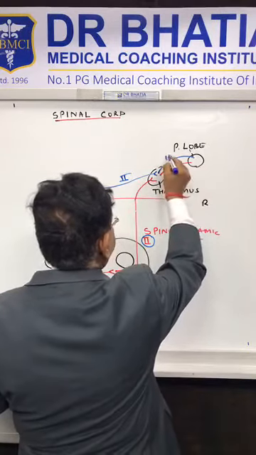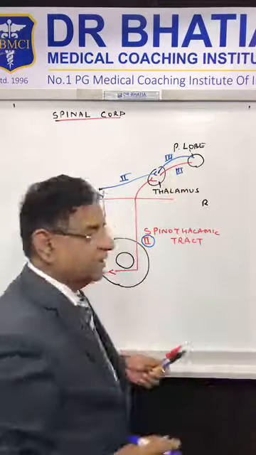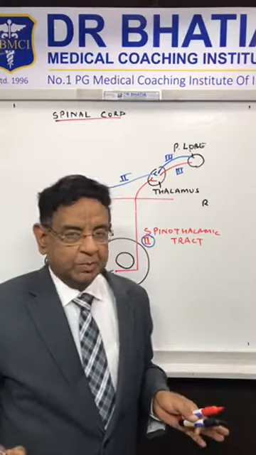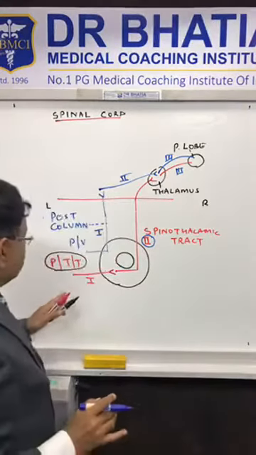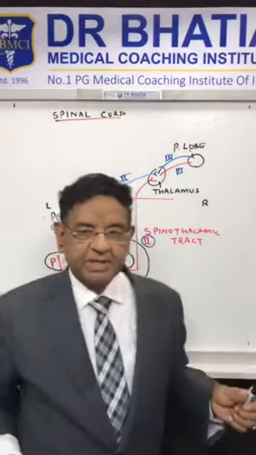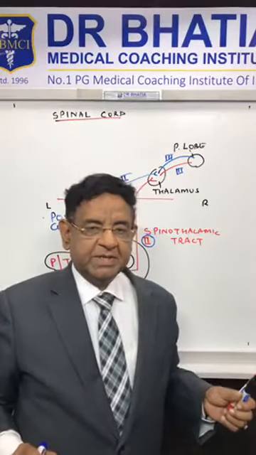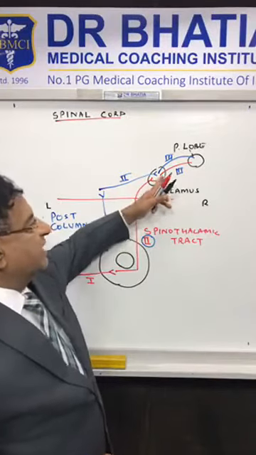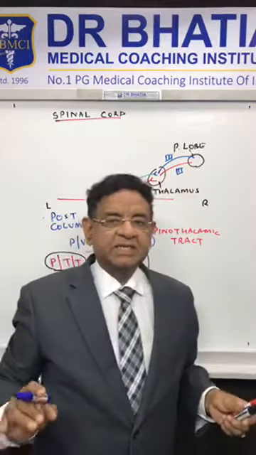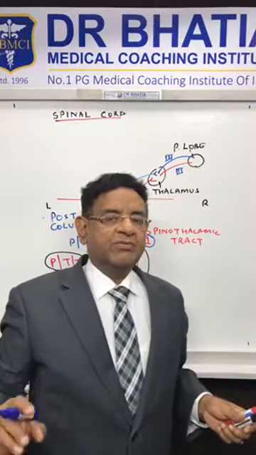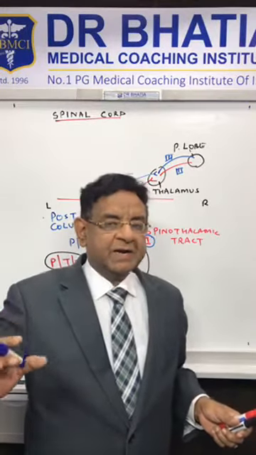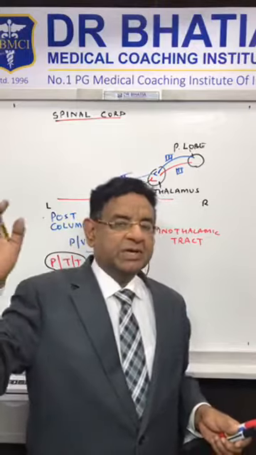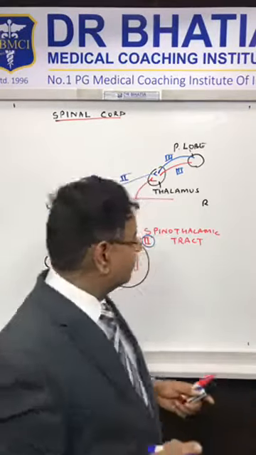This is also a third order neuron which has gone to the contralateral parietal lobe. So ultimately all sensations, pain, touch, temperature, position, vibration, relay in the thalamus, and the final destination is the sensory cortex of the contralateral parietal lobe. Contralateral means left-sided sensation goes to the right-sided parietal lobe.